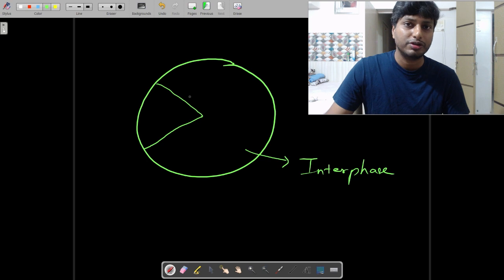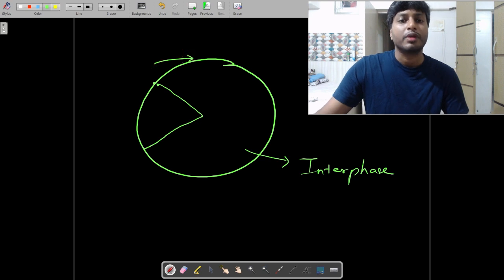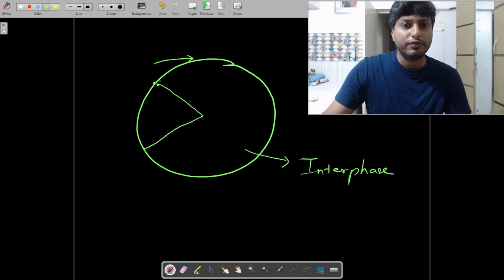So what I am trying to tell you is, suppose the entire cell is going to divide, and from this particular point it begins the process of division. Let's assume that. This is the point from where the cell enters into the interphase. From this point till this point, the cell is going to complete the interphase.